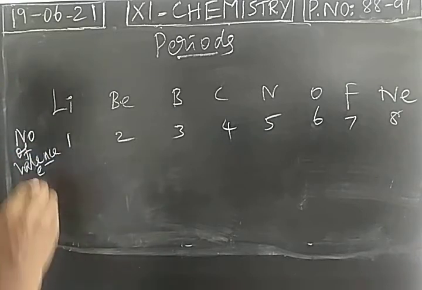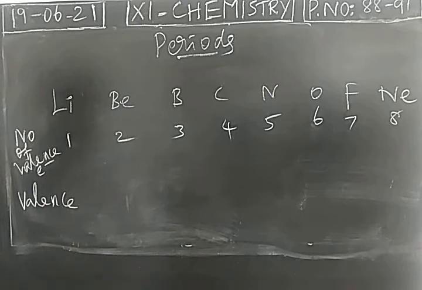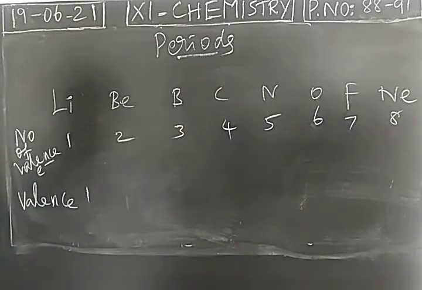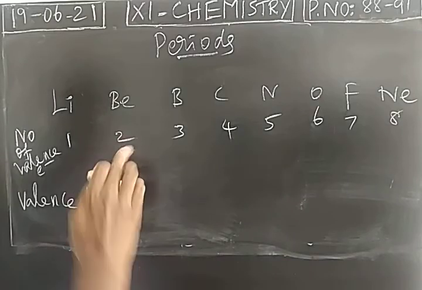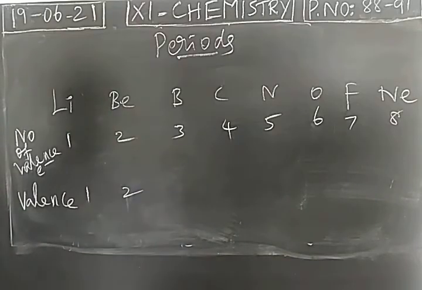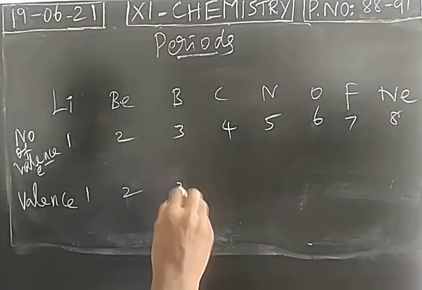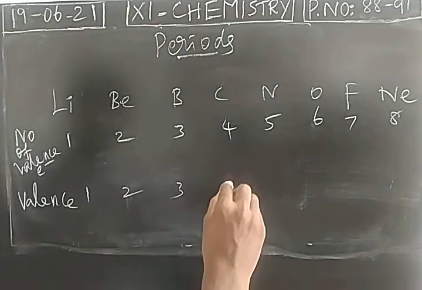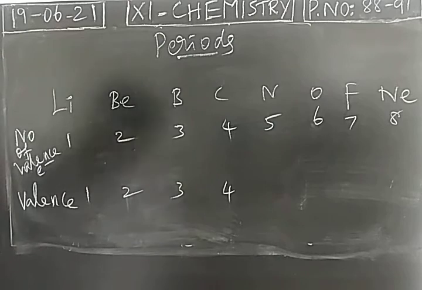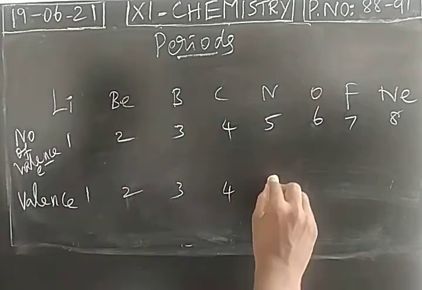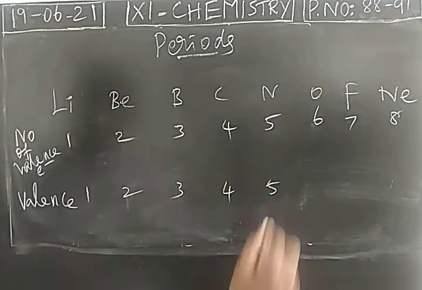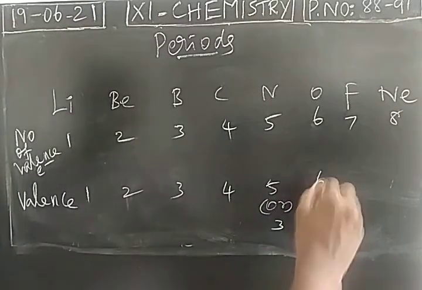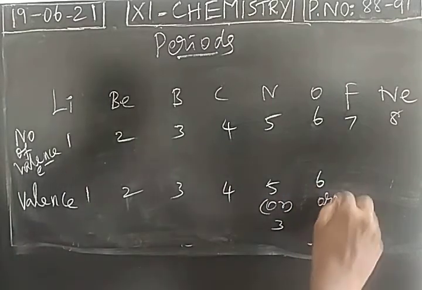And what is the valence of the element? Up to 4 we take it as such. Valence electron 1, valence also 1. Number of valence electrons 2, valency also 2. Number of valence electrons 3, valency 3. Number of valence electrons 4, valency 4. Number of valence electrons 5, so valency 5 or 8 minus 5, 3. Here 6 or 8 minus 6, 2.